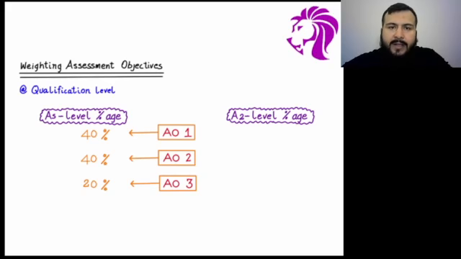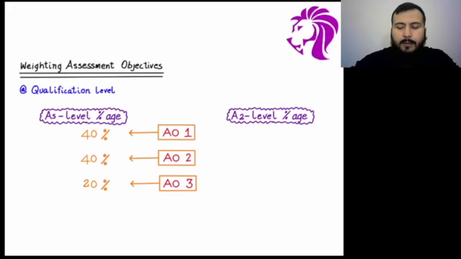So your AS grade will depend on 40%, 40% from assessment objective 1 and 2, and only 20% of the mark is scored by assessment objective 3, right?